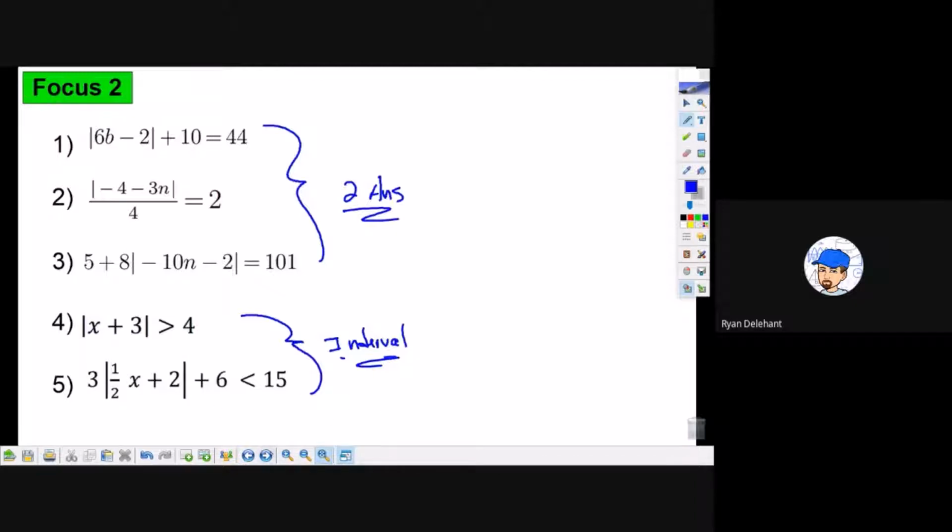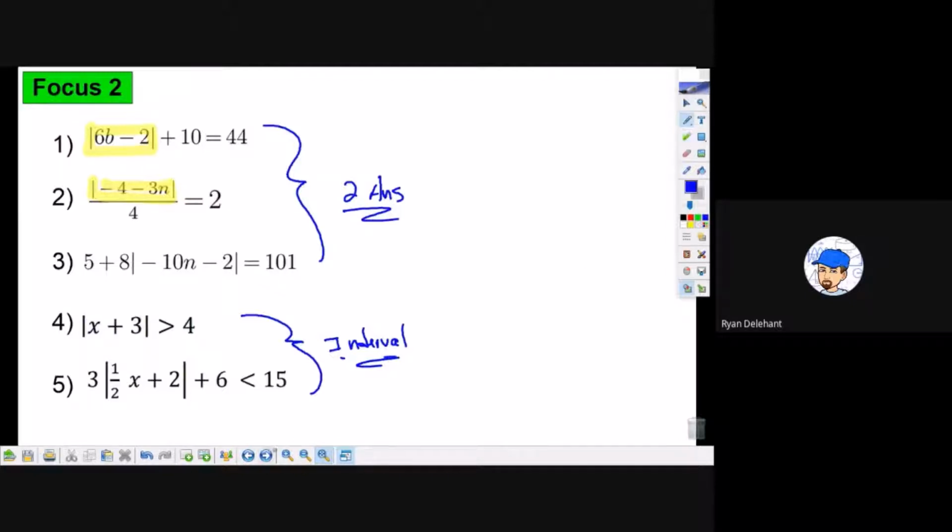So let's start with our equation. The first thing you have to remember, these are a little bit tougher than the ones we started with. You have to isolate the absolute value in every one of them. So that means we've got to get this part by itself in each and every one of these expressions to be able to solve this, okay?